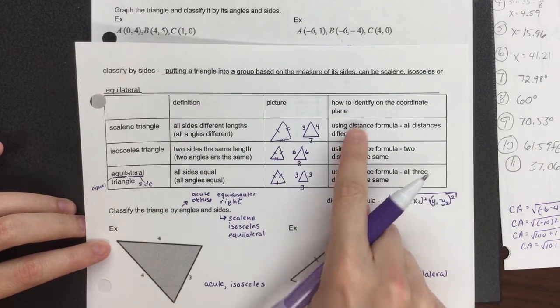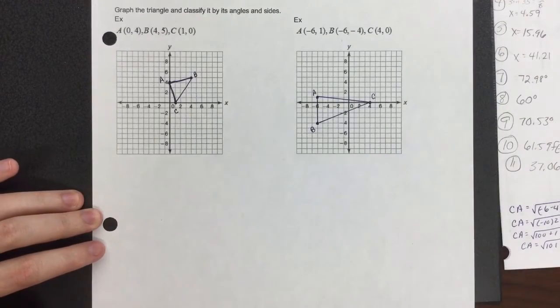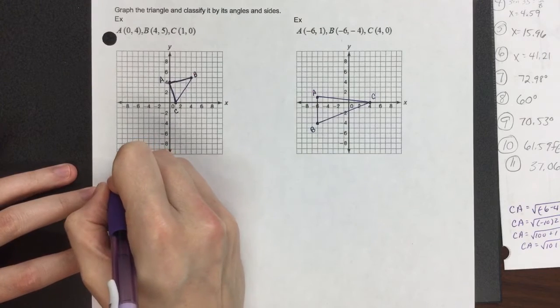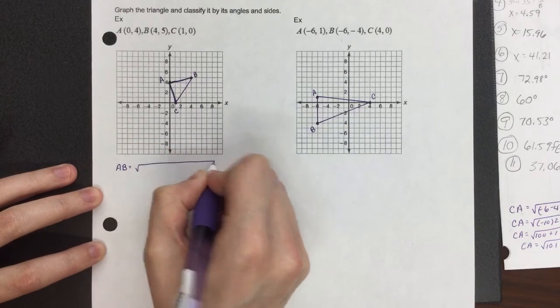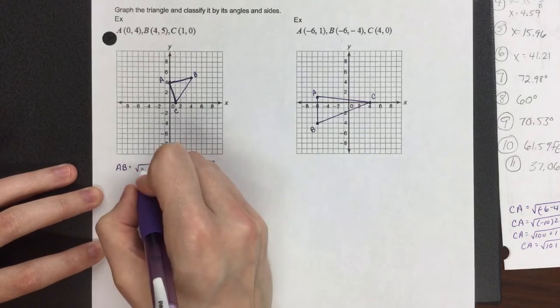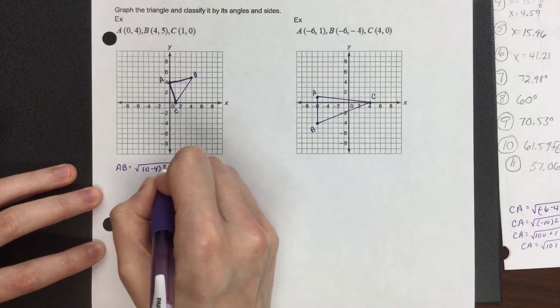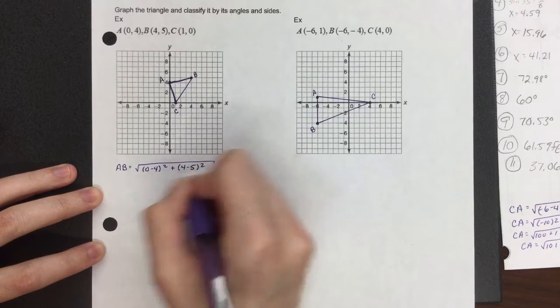for all three, it says we have to use the distance formula, and we've got to use the distance formula for all three sides to tell the lengths. So if we do that, the distance formula for AB is going to be equal to the square root of 0 minus 4 squared plus 4 minus 5 squared.